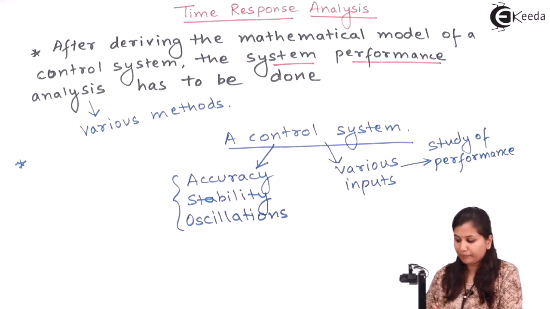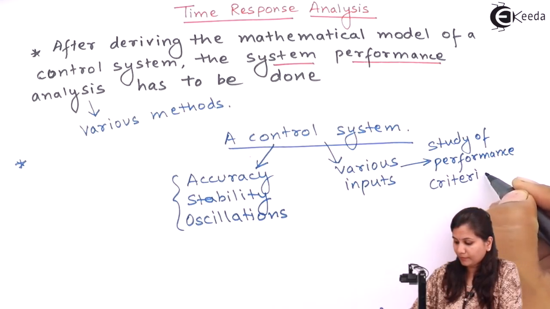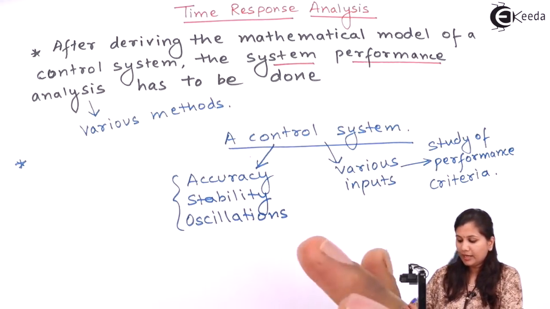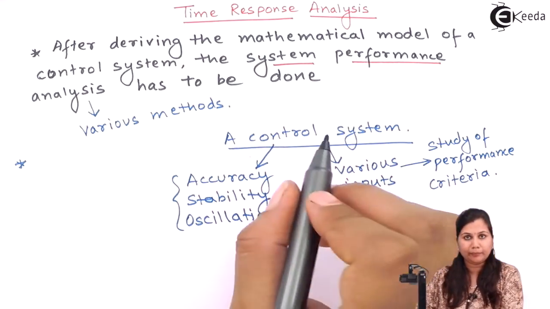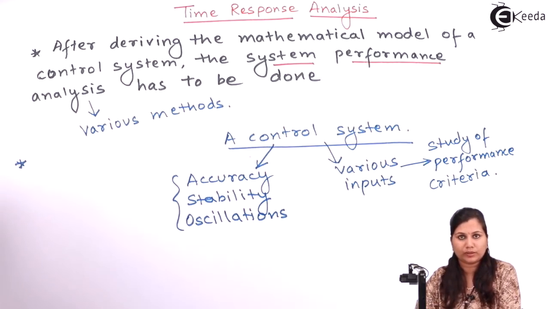Now, if we want to compare two control systems, then we will apply a single input. Suppose we have taken an input signal and we apply that input signal to both the control systems.